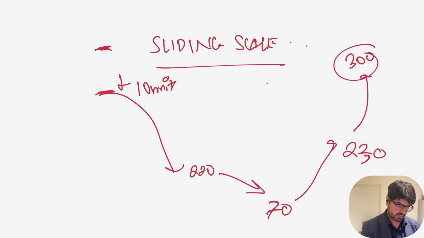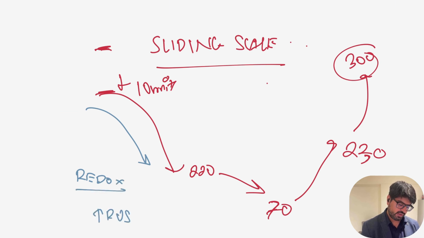Now every time the blood sugar changes, you can see here, the blood sugar changes from 300 to 220, there is development of reactive oxygen species. Right? So there is increase of reactive oxygen species. Again, when the sugar goes up, again there is development of reactive oxygen species.